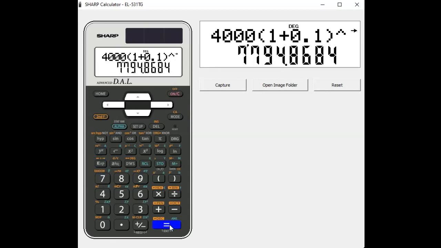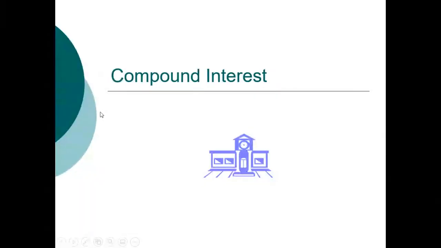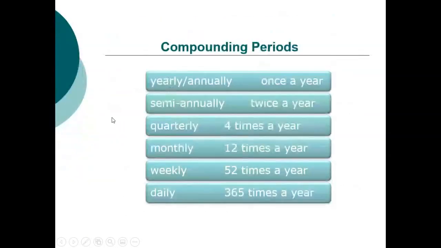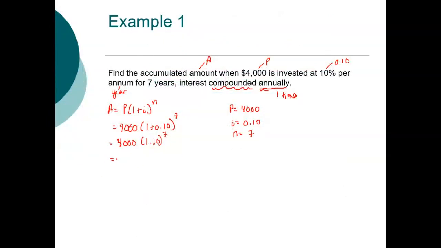So equals, that gives us $7,794.87. Let me go back to our PowerPoint here. All right, so we have our answer of $7,794.87. So that's compound interest.